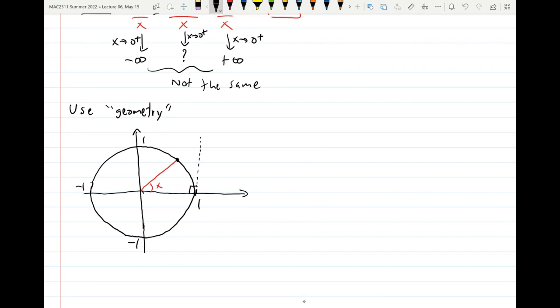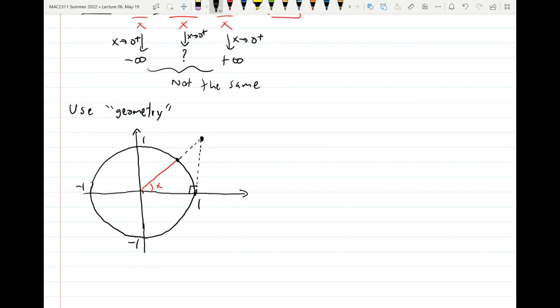So this is a 90-degree angle, and then I'm going to extend this, and there is a point here. In other words, that point on top is where you drop a perpendicular to the x-axis that is tangent to the circle at the point (1, 0), making a 90-degree angle with the x-axis. And also when you extend the radius of the circle, the terminal side of x, it goes towards that point.